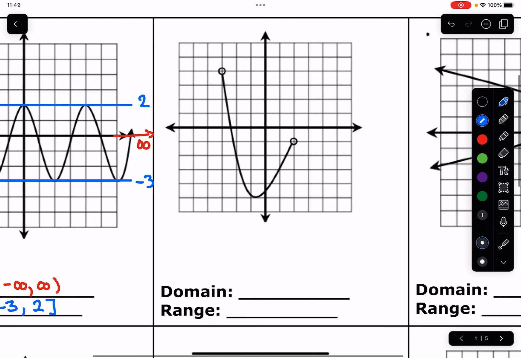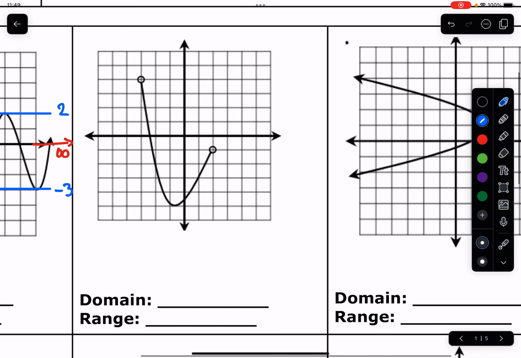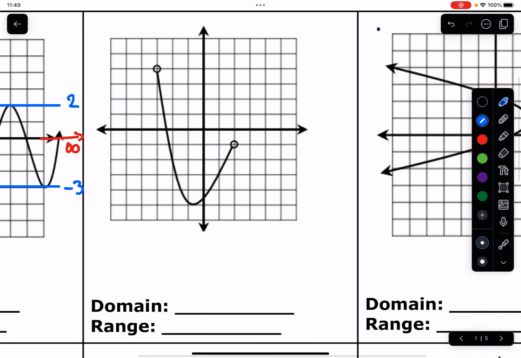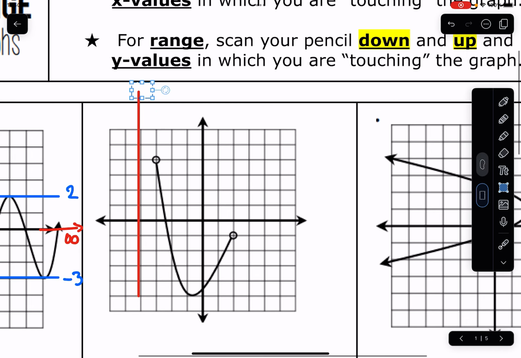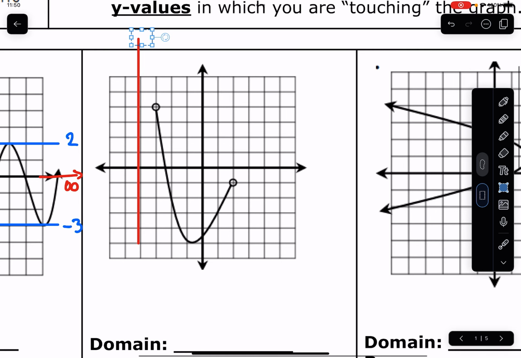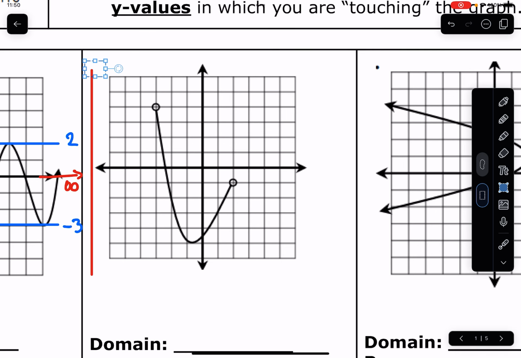So let's move on to the second example. Let's do more examples. All right, so for the second example, again, we think about this the same way. So from left to right, we draw a vertical line and think, okay, what's the farthest left that this graph is going to reach? So if I look at this right here, and I start over here to the very far left, you notice that the graph doesn't exist all the way to negative infinity, even right here at negative 6.